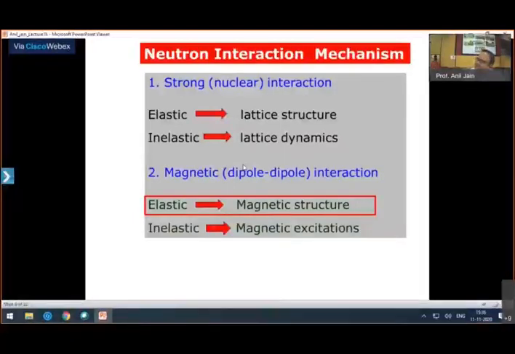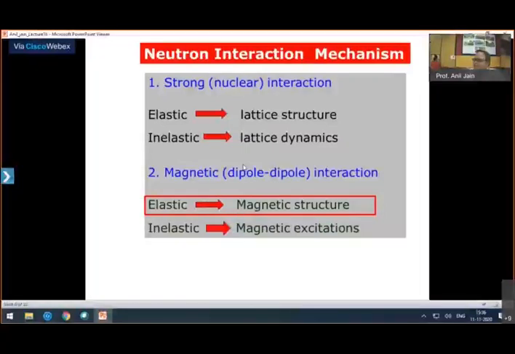But the neutron has another channel by which it can interact with your material, that is magnetic dipole-dipole interaction. Because the neutron has a magnetic moment, it can easily interact with the magnetic moment of unpaired electrons in your system. The elastic part of this interaction channel gives the information about the static magnetic structure.